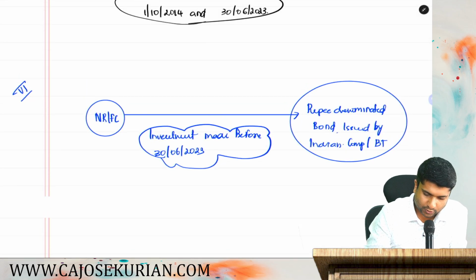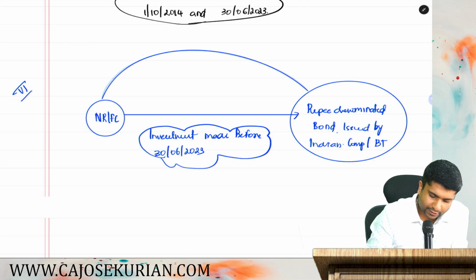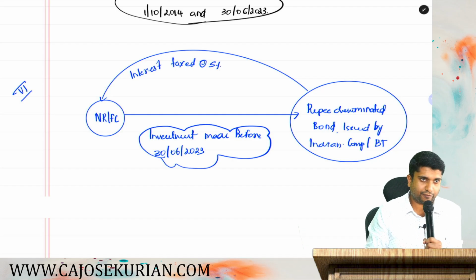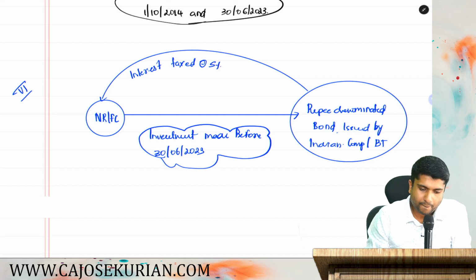If it is so, then whatever interest you are getting from this bond shall again be taxed at what rate? Only 5%. This also is subjected to 5% rate of tax only.